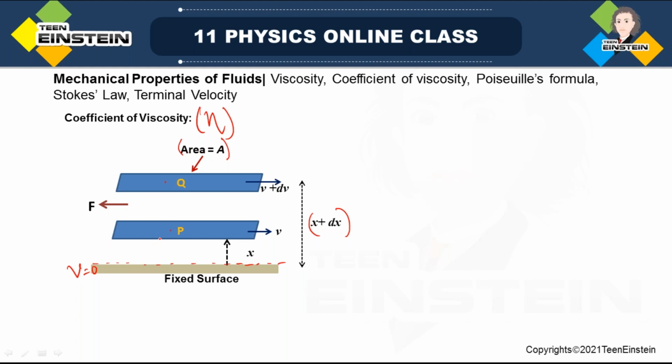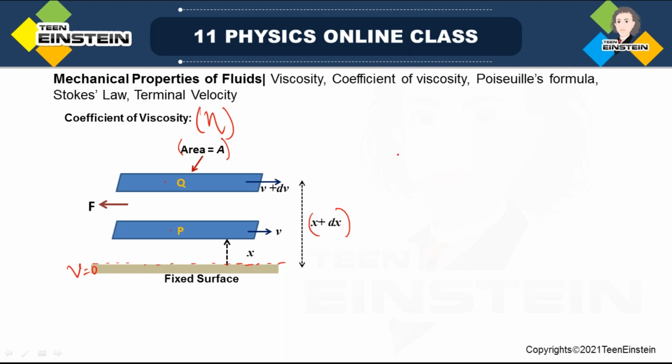And as you see, this is the frictional force. It will be acting in between the layers, and it is acting in the direction opposite to the direction of speed of the layer or direction of flow. Now see here, what is the change in the velocity with distance?